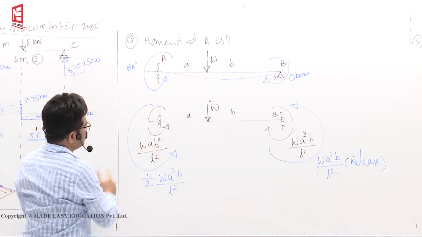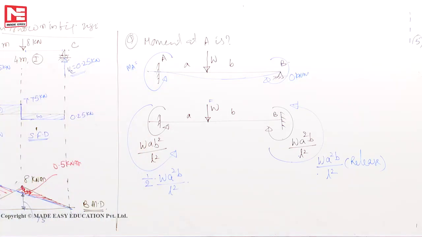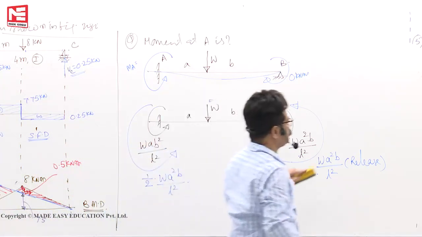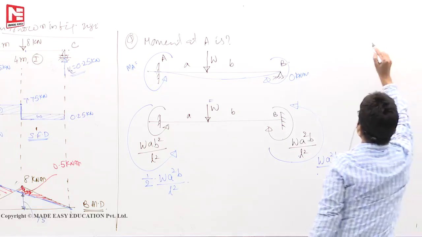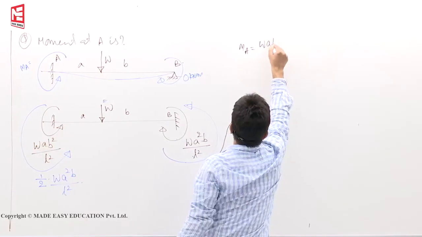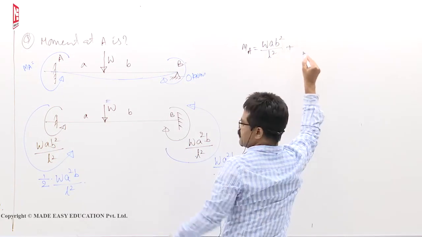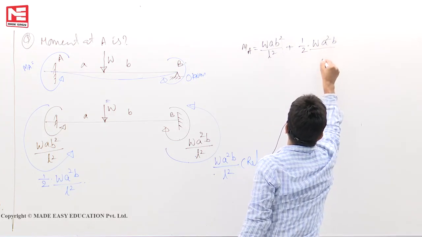So, MA is this plus this. Moment at A. So, moment at A means this is W A B square by L square plus half of W A square B by L square.